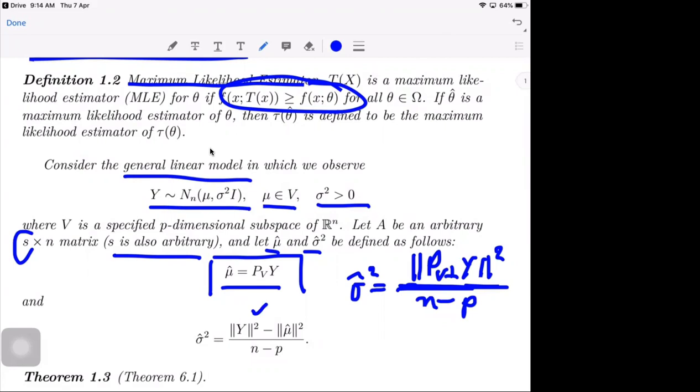In other words, you can write this as the squared norm of Y minus the squared norm of the projection of Y onto V, because mu hat is the projection of Y onto V.